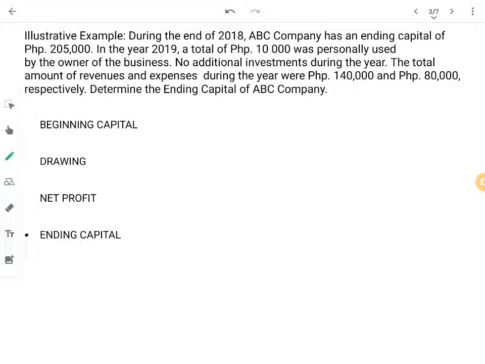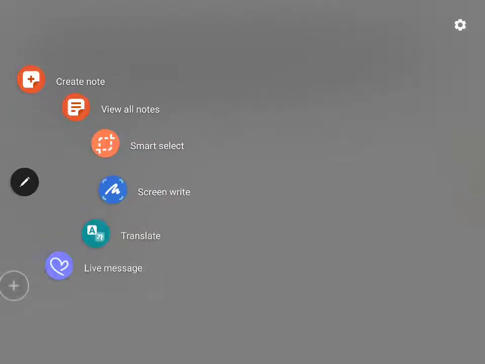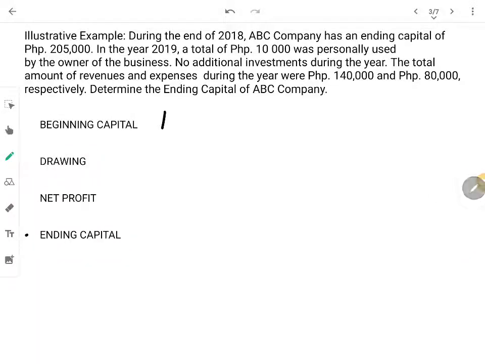So, that is 205,000 pesos. And then next is, tignan natin, meron bang drawing? Yes, there is withdrawal of 10,000. So, dapat i-minus natin yung 10,000.